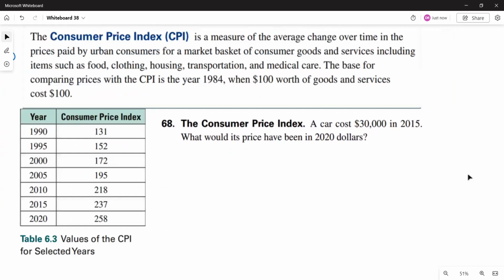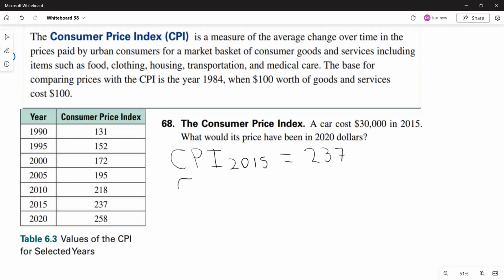So a car cost $30,000 in 2015. Question, what would its price have been in 2020 dollars? So from the table, we can see that the Consumer Price Index in 2015 was 237.